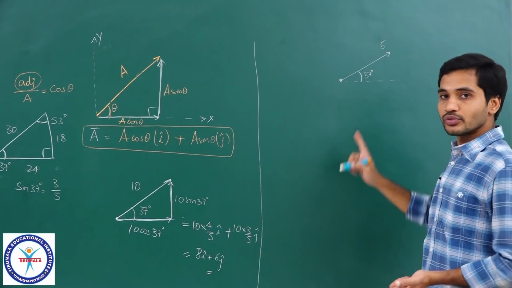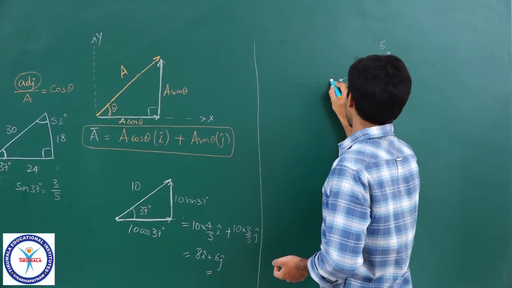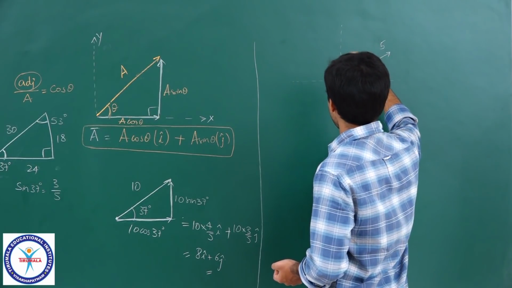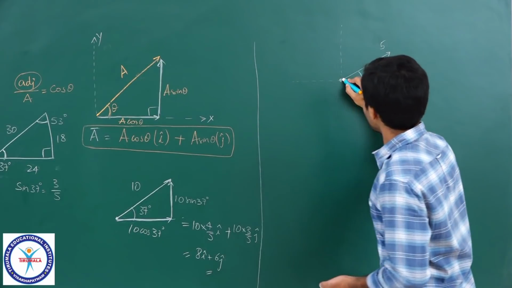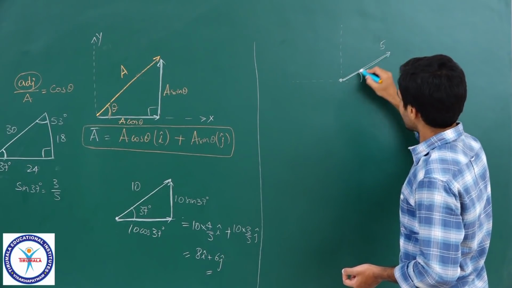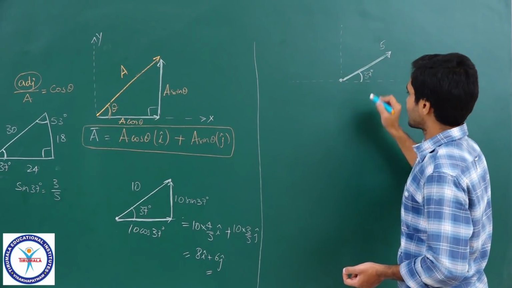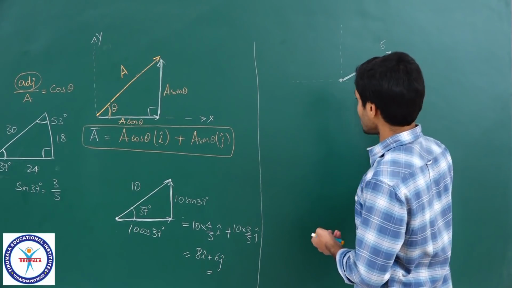As I told you, I will be using these quite frequently, so please be aware of these values. So, this is one vector having a magnitude of 5 and you can see that it is making 37 degrees with the positive x axis.